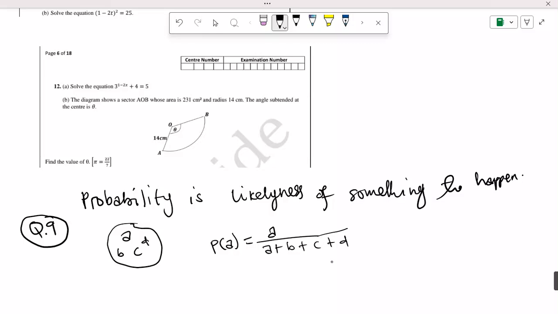So it's that particular value divided by the total likeliness.